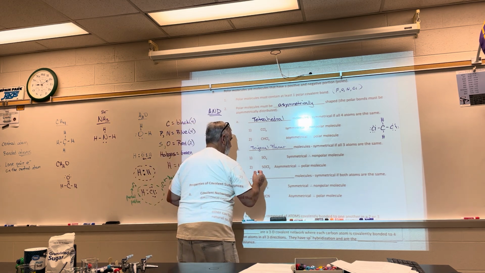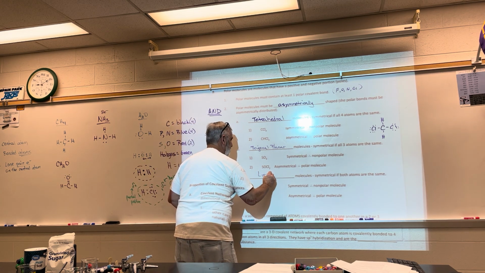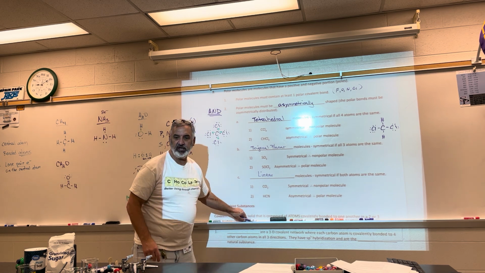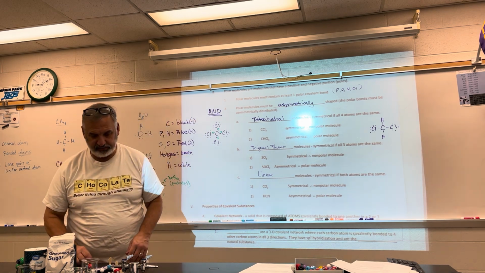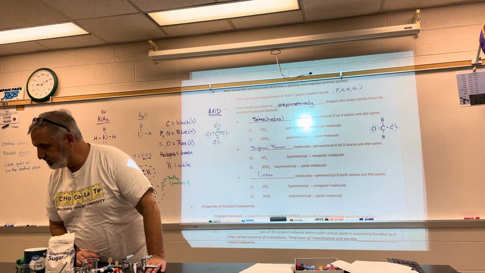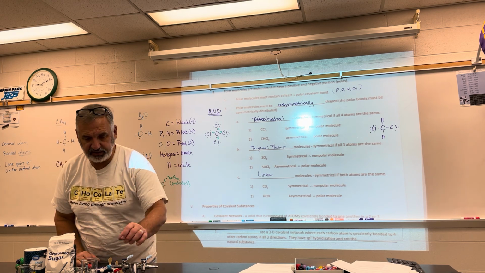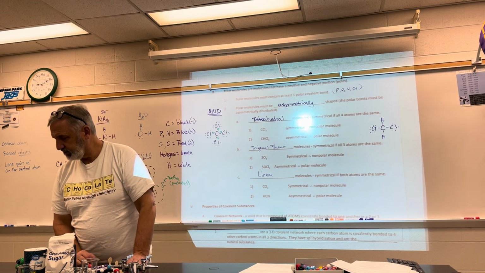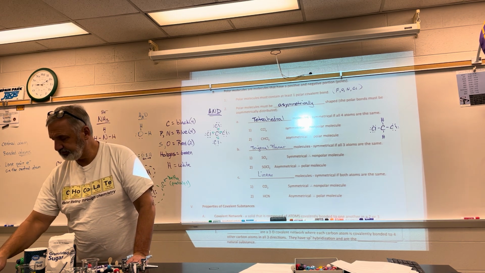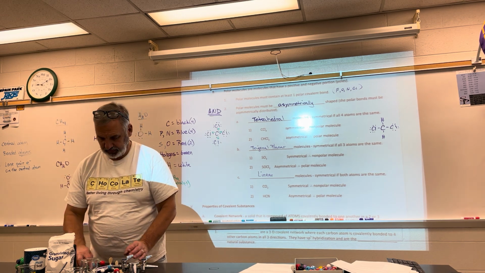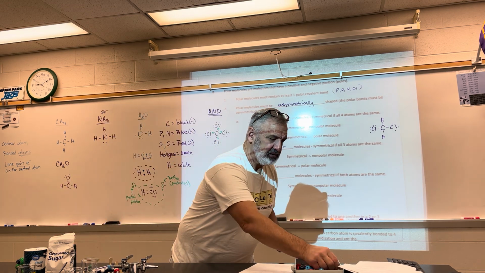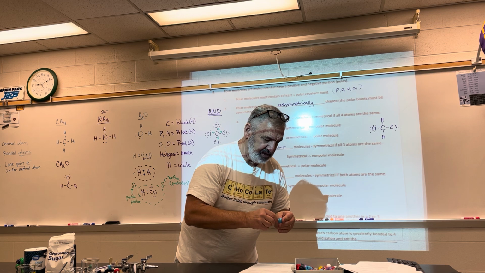And then linear molecules, they're symmetrical if both are the same. So CO2, and then I keep dropping that. The CO2, I know I have a CO2 built here. You guys built it.